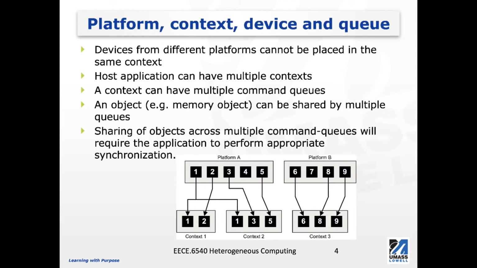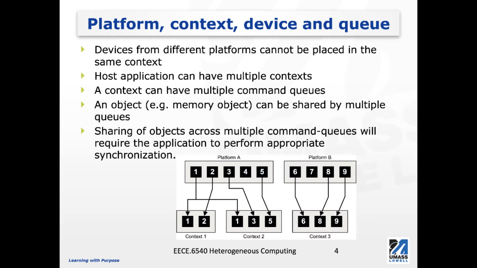Using the host-side application, you can build a context which will rely on one of the platforms. So you can have a context built on the FPGA OpenCL platform provided by Intel. At the same time, you can build another context built on top of an OpenCL platform provided by NVIDIA.